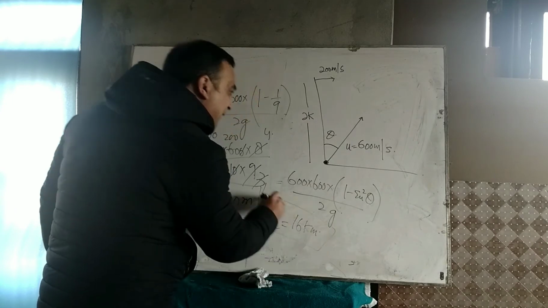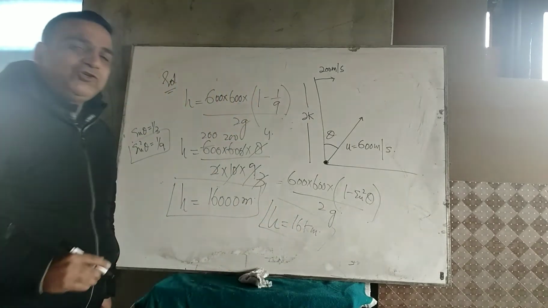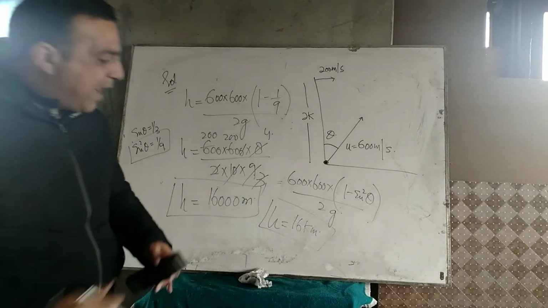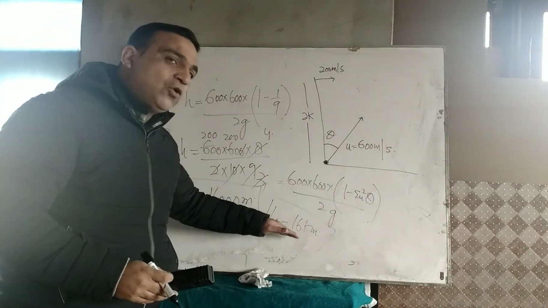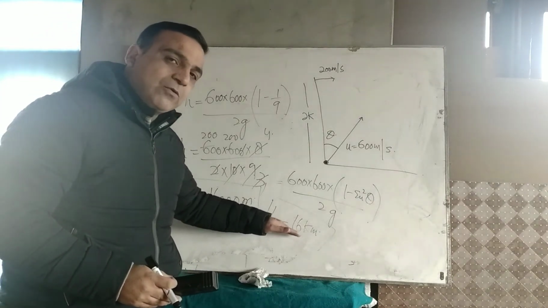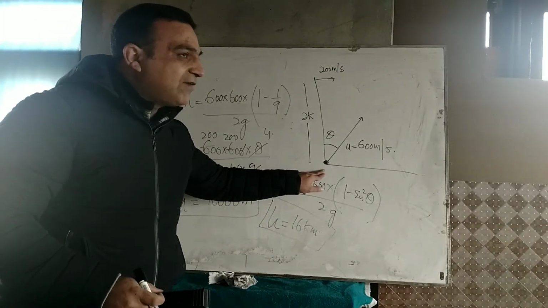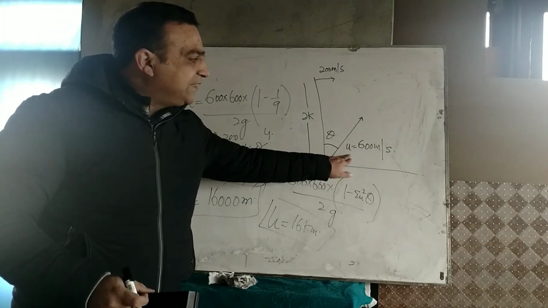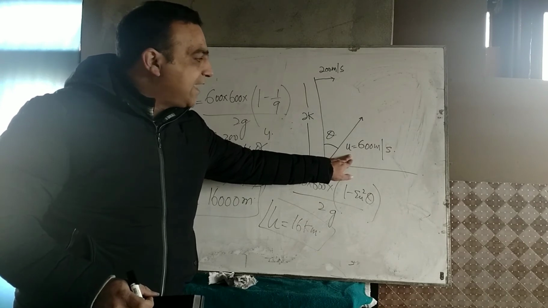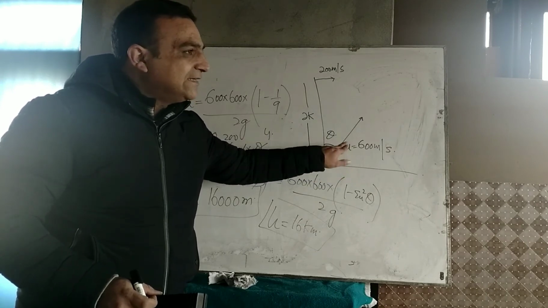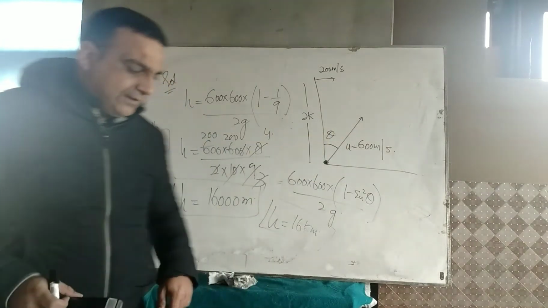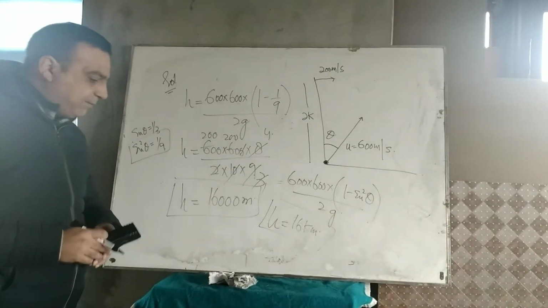What does it mean? It means the aircraft should fly above 16 kilometers with respect to the ground. At that height, this anti-aircraft gun, having a muzzle speed 600 meters per second, cannot hit this airplane. So this is the solution of the first problem.